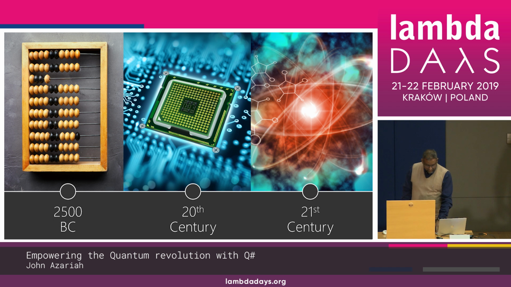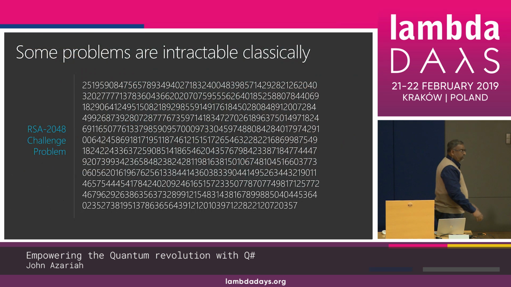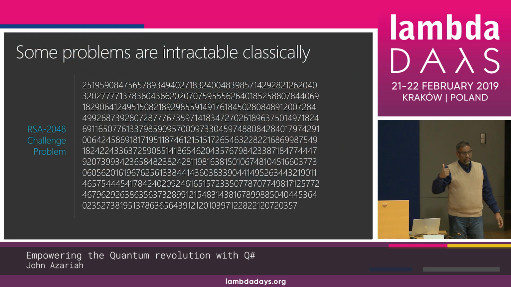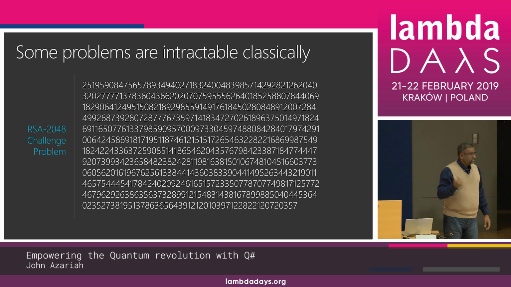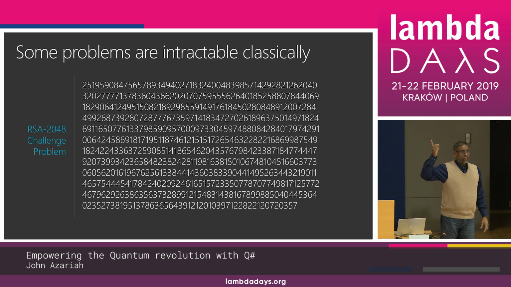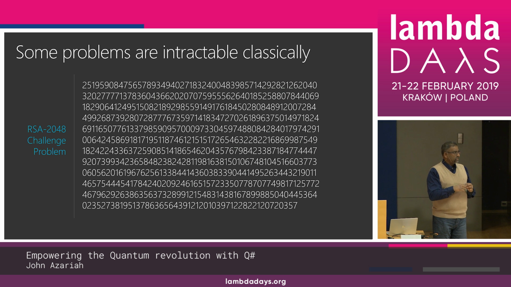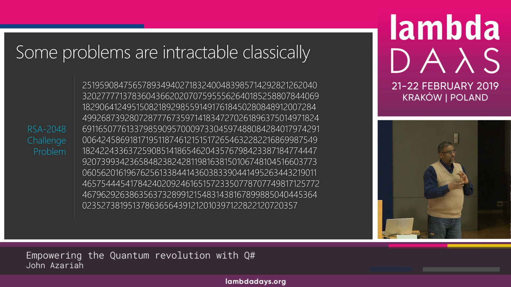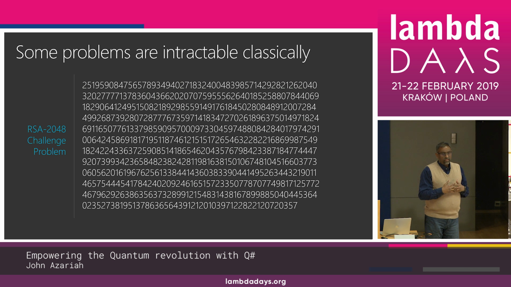To give you an example of that, here's a little problem. That's an RSA 2048-bit challenge. If you could have factored that number into its constituent primes a few months ago, maybe last year, you would have been richer by $700,000. There's a reason why that thing is hard.